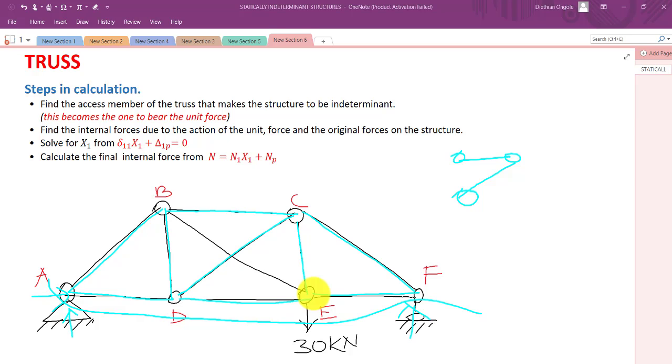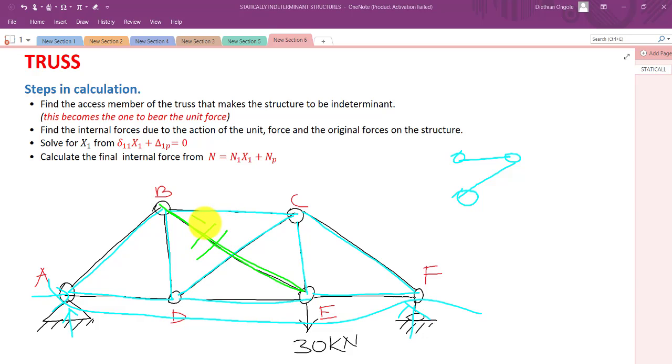also still statically determinate. Then from observation, we see that we have one extra member that isn't used, and that is the member BE, this one here. So this member BE becomes the member that causes the system to be statically indeterminate, the excess member. Thus, in our calculation, it is on such a member that we shall add a unit force.